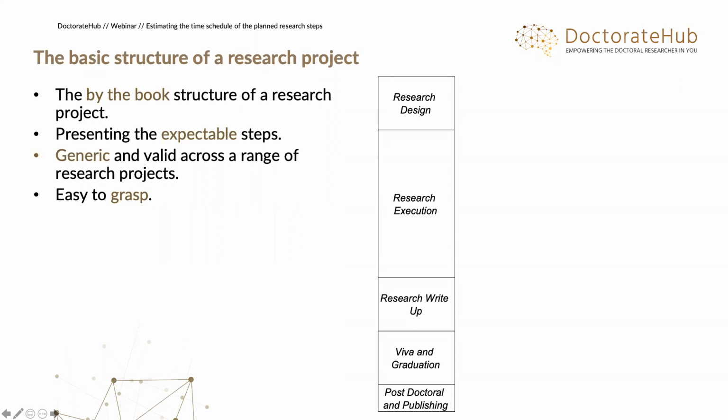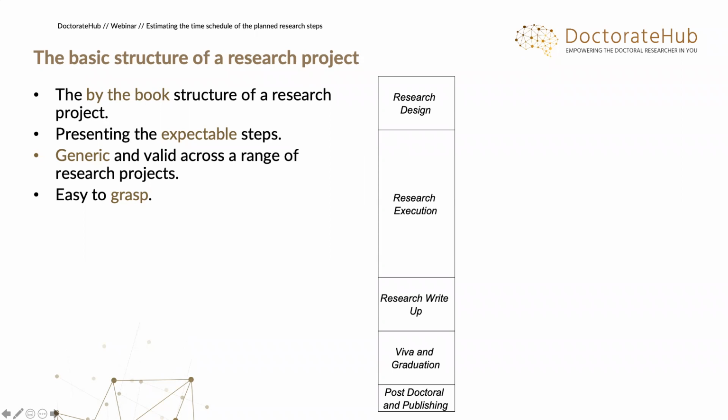It starts out with a research design phase. So once you put together the research problem, the questions, and the methodology, everything that's theoretical, which then is typically followed by an execution phase in which you carry out the research.